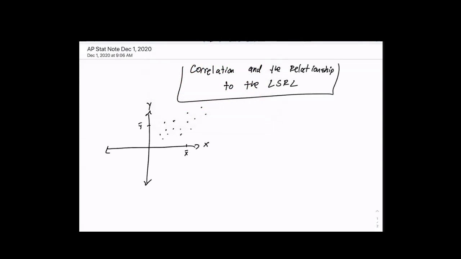And if I did this, this would probably be the least squares regression line right here. y-hat equals a plus bx. That's what the line would be because it is a line. That's how the line equation would look for that scatter plot, roughly.